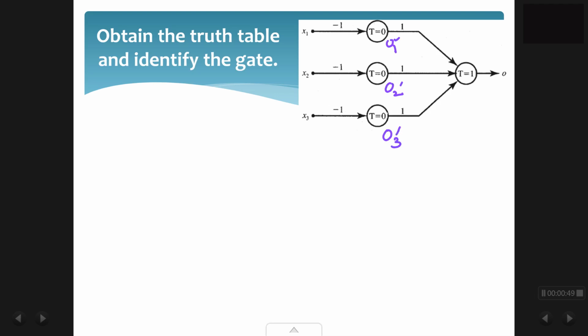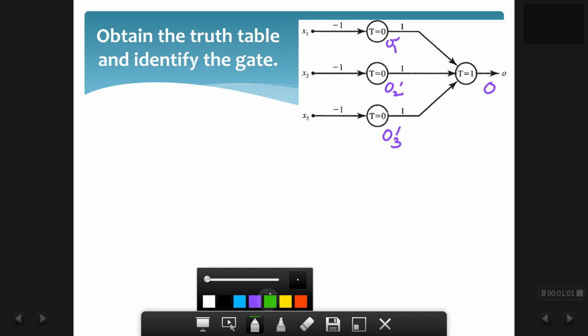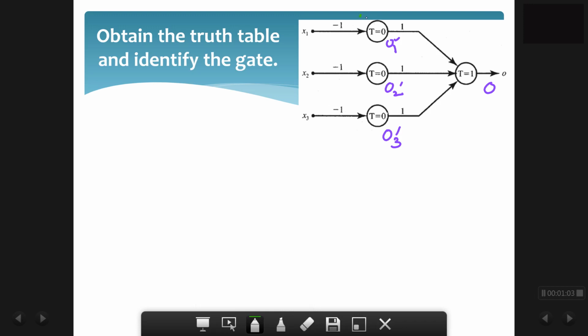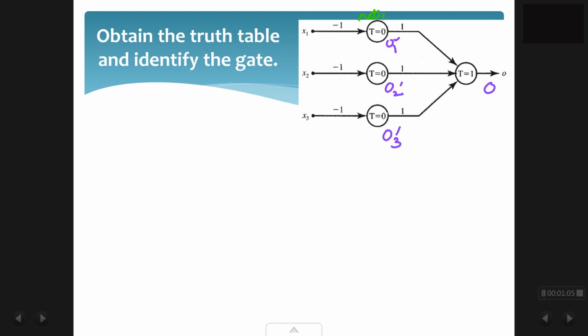And the final output is already written as O. So depending upon the input and the weights, we shall calculate the net for each of these neurons. So this will be the net 1, net 2 and net 3. And for the output neuron we name it as net.